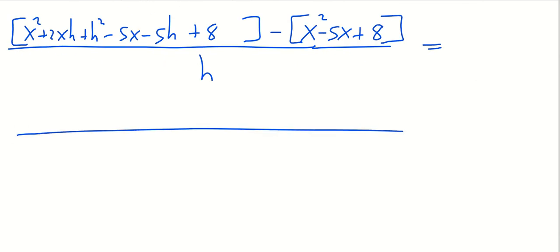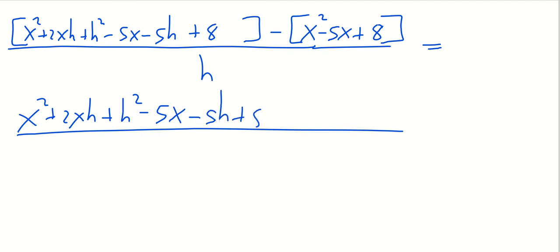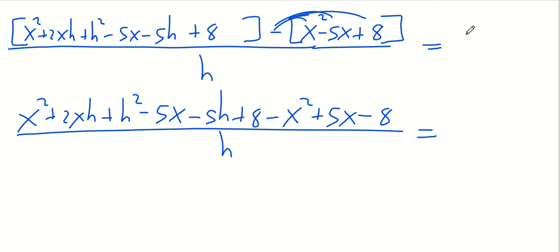And to do that, we have our first term, x squared plus 2xh plus h squared minus 5x minus 5h plus 8, and we're going to distribute the negative sign in. Negative x squared, positive 5x, minus 8, all divided by h.